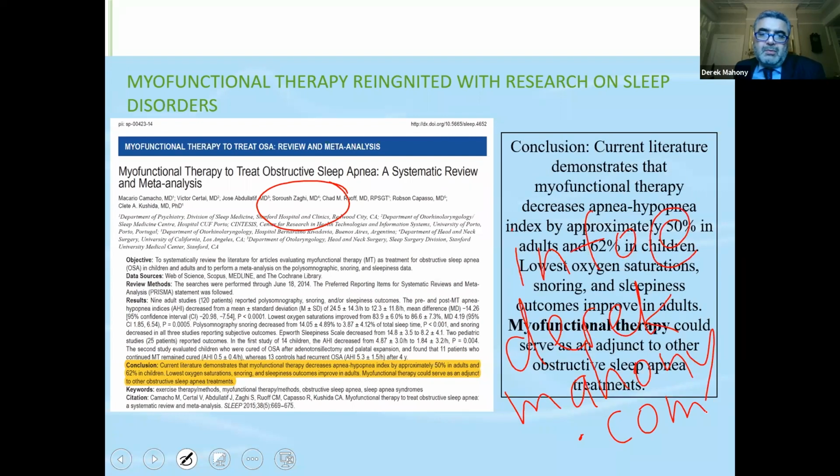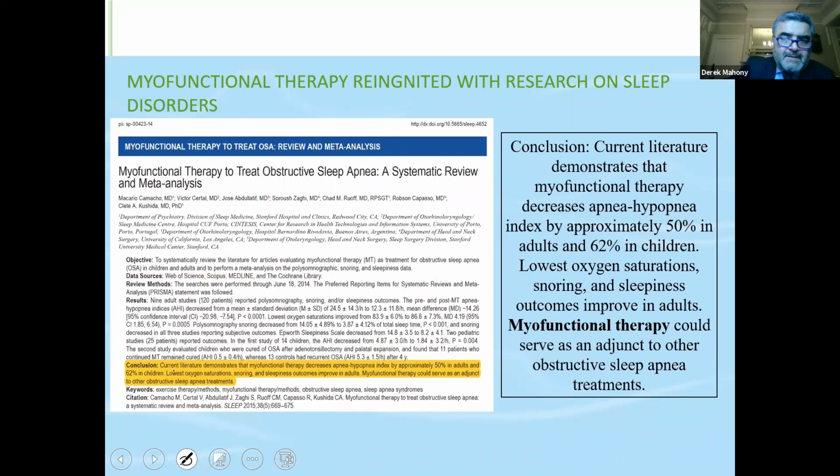Now, sorry, just delete all that so you can read that slide. Okay, so what is this paper telling us? It's saying that myofunctional therapy, which is what I'm talking about, decreases the apnea-hypopnea index, which is the way we assess in a sleep study if a kid has sleep disordered breathing and/or sleep apnea.